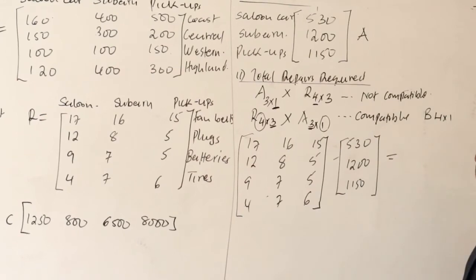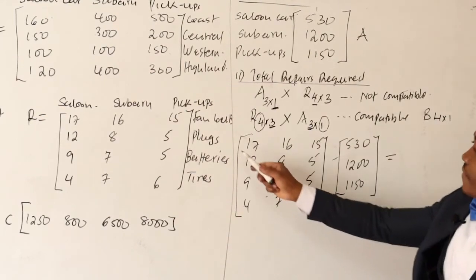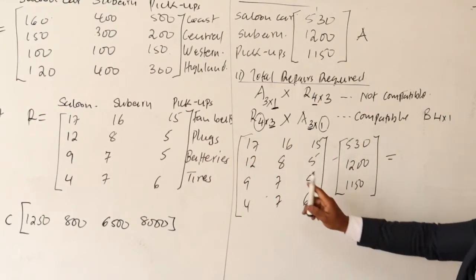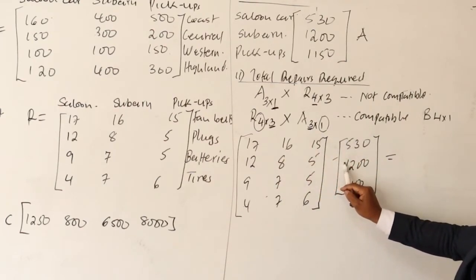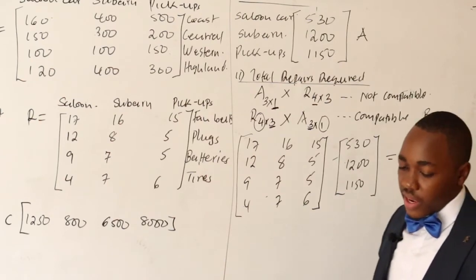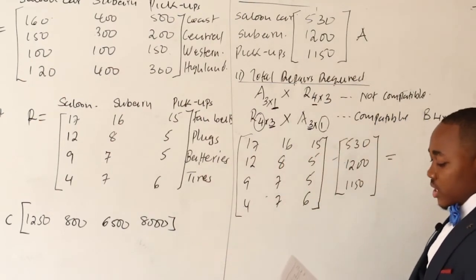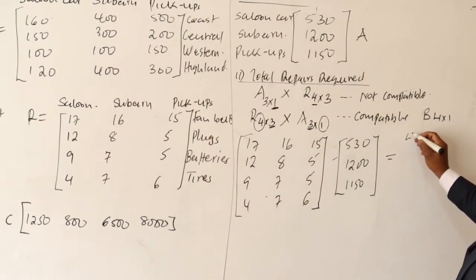And it should be a 4 by 1. So how do we get that? First row, first column. So in this case, it will be 17 times 530 plus 16 times 1200 plus 15 times 1150. And the total spare part we get here is 45,060.